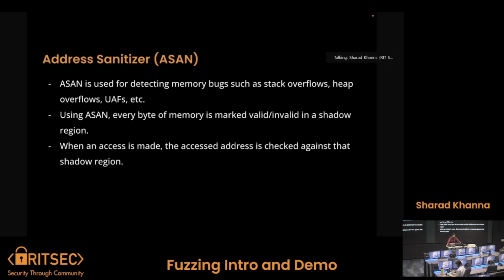Whenever you make an address access, you check that access address against the shadow region. If the shadow region says it's valid, it passes. If the shadow region says it's invalid, it crashes. It's pretty simple, and it's pretty much the predominant way to find a lot of these bugs.